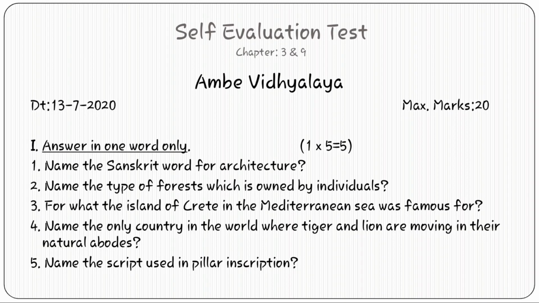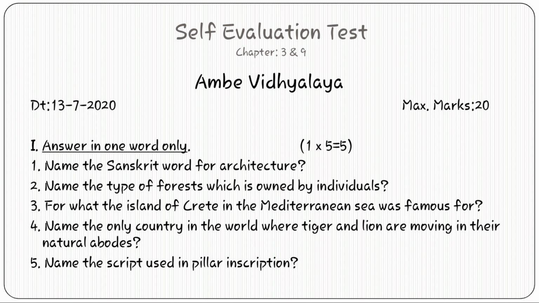Dear children, we have a self-evaluation test along with this clip. You are supposed to complete this. It is very compulsory for you to write it on a separate page of your notebook with the heading, and the maximum mark you will get is 20.